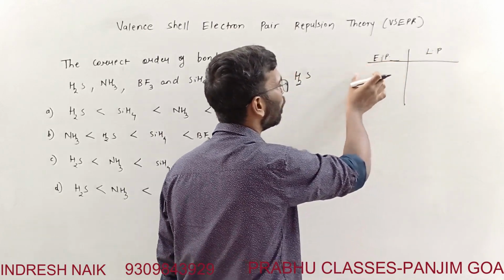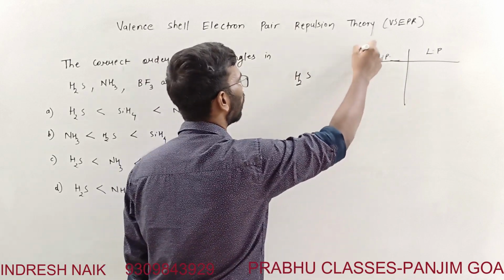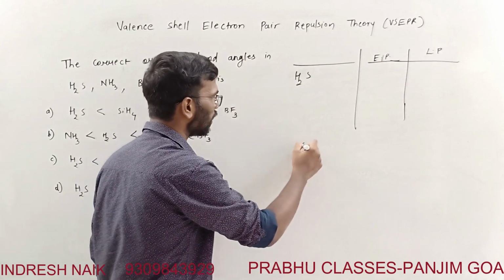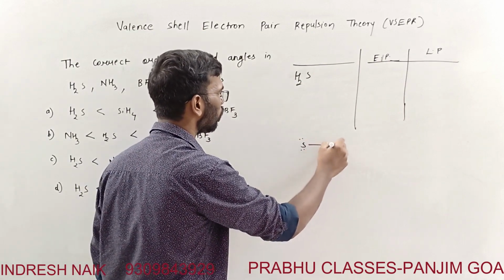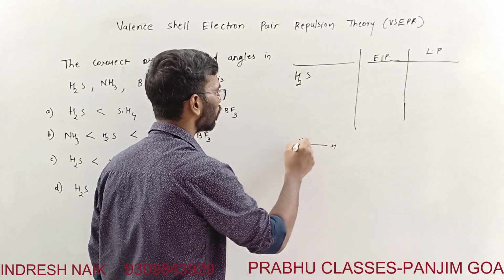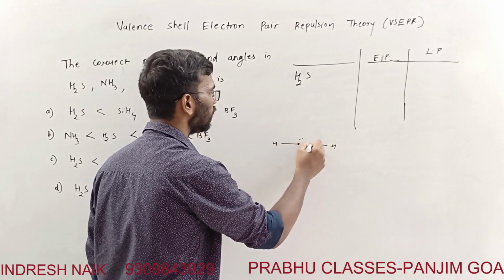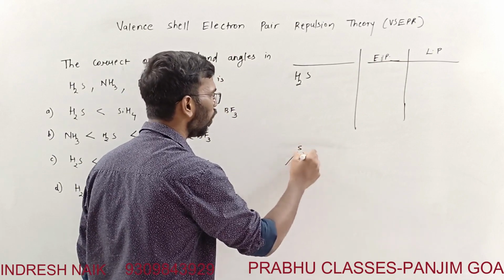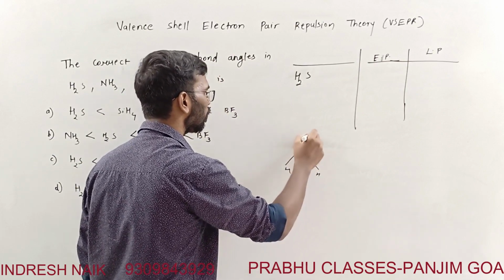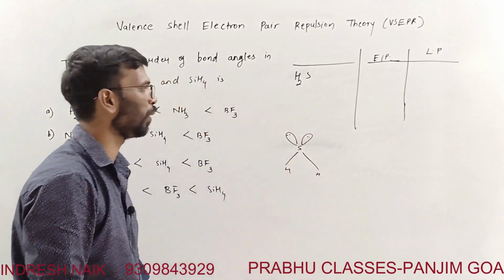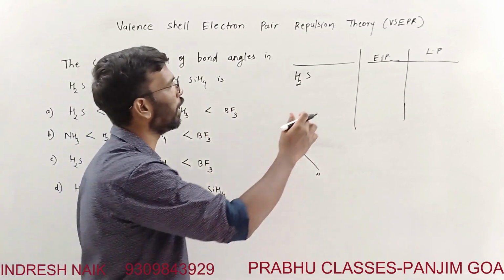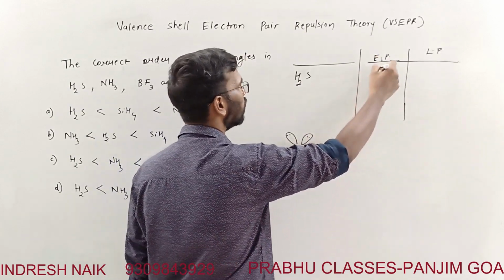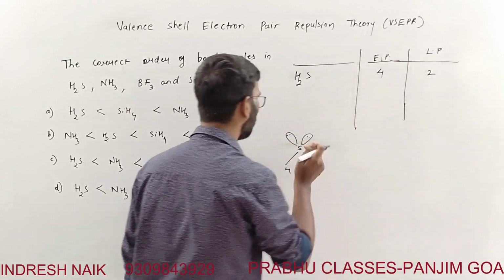Electron pairs include lone pairs and bond pairs. Sulfur has 6 valence electrons. H2S structure will be like that of water, this way. Tetrahedral arrangement of the electron pairs. Here, electron pairs are 4, and there are 2 lone pairs.